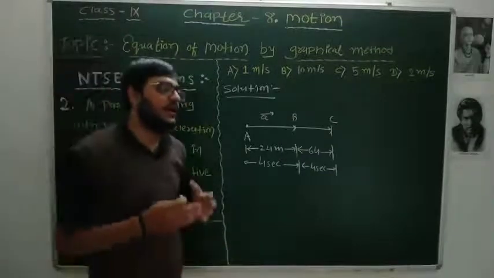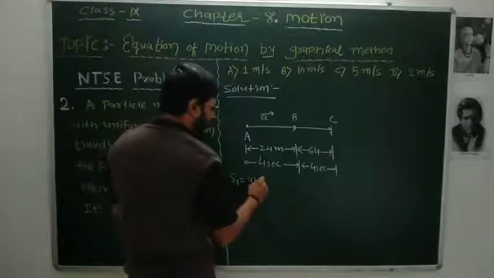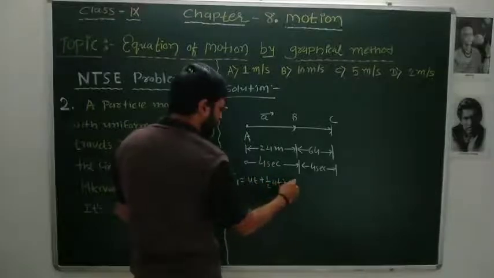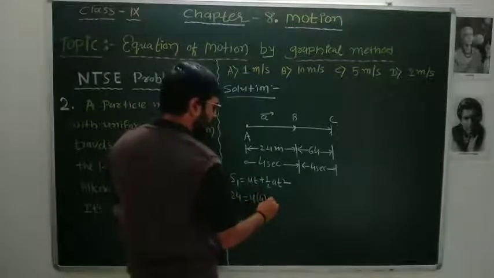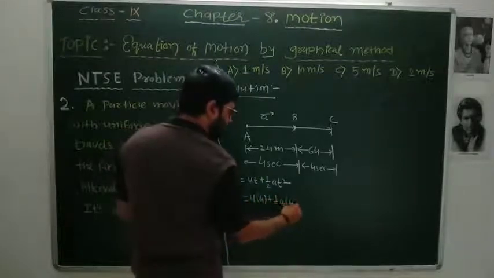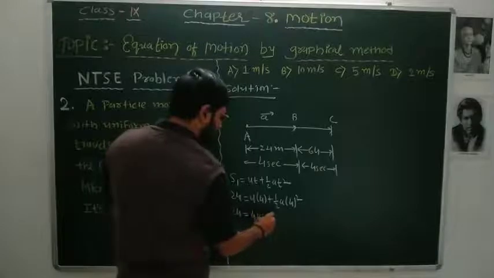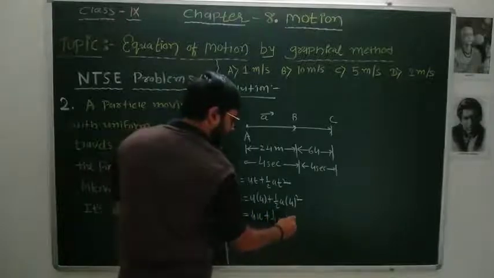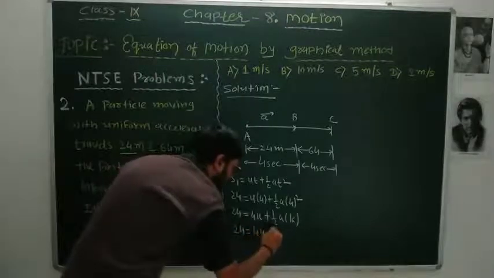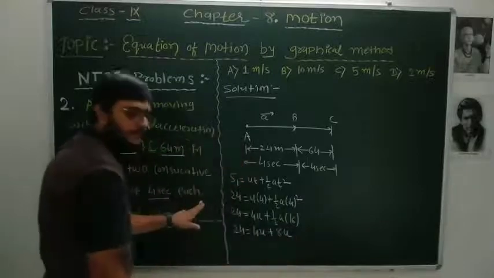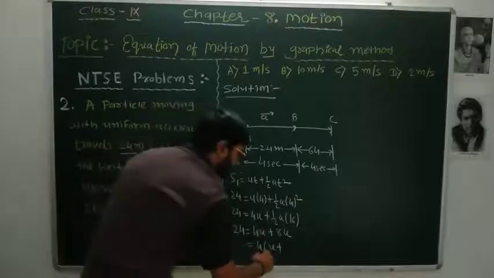So here we again use the second equation of motion, that is S1 is equal to ut plus half at square. Here S1 is given, that is 24 meter, and t is given, 4 seconds. We put the values and try to solve this equation. 24 equals 4u plus 8a, and we take 4 common from both the terms.